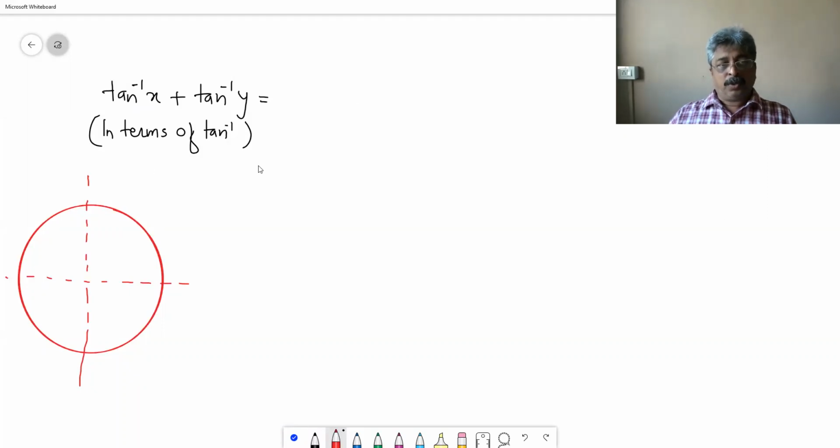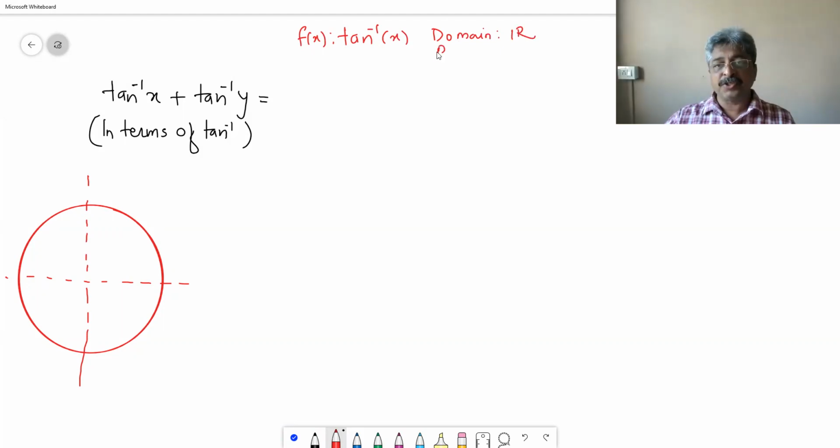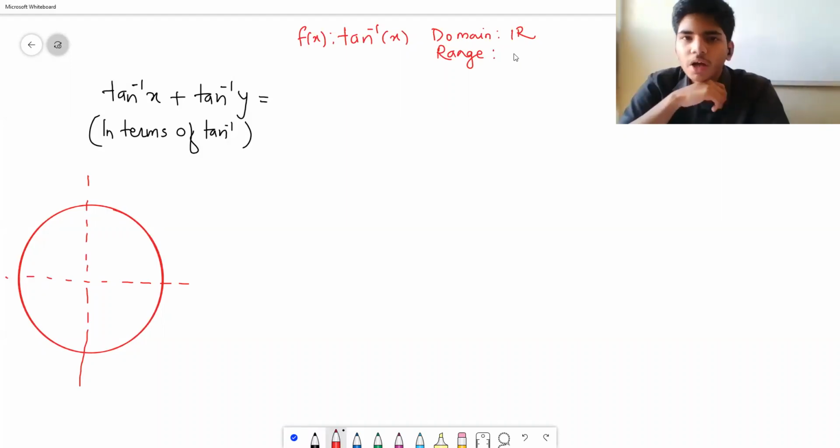Now, can you tell me, f of x is equal to tan inverse x, what is the domain of tan inverse x? R. And what is the range of tan inverse x?